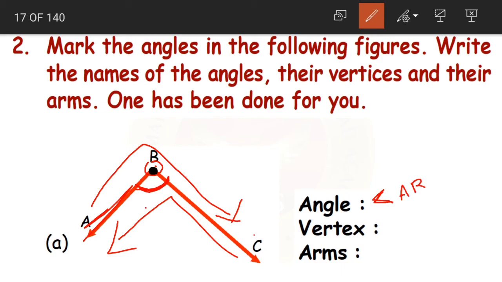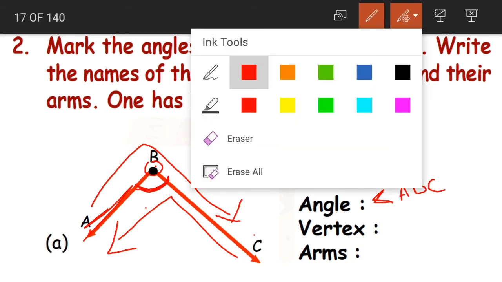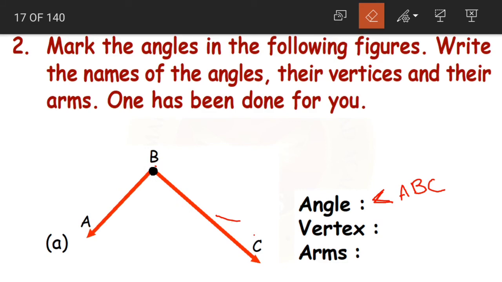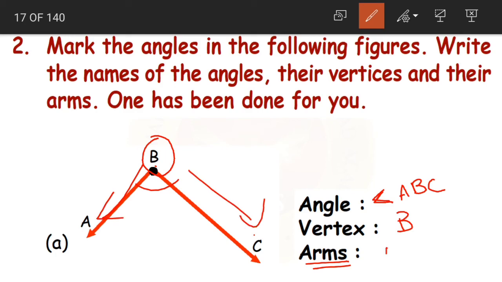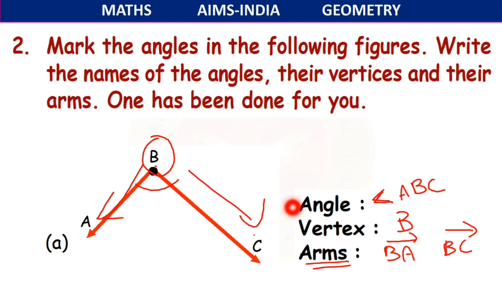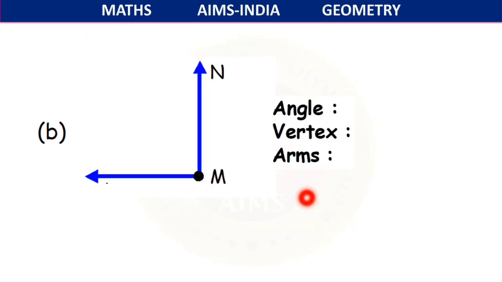The angle's name is, let us give it as ABC. Now what is the vertex here, children? Vertex is the point where our rays meet. So that is B. And what are the arms? Arms are nothing but our rays. BA and BC. Ray BA and ray BC are the arms for our angle.